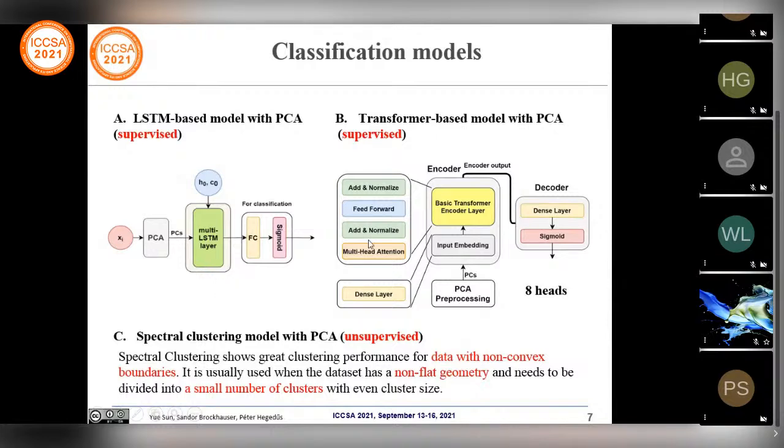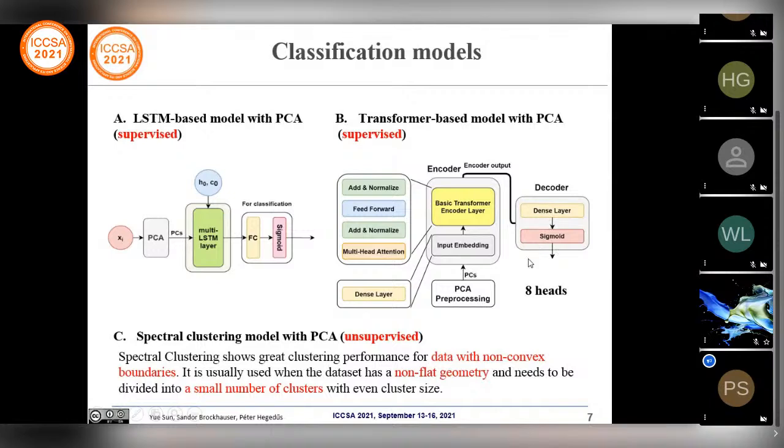And the second is a transformer-based model. It is a self-attention-based network, which was originally used in natural language processing. Here we adopt its encoder part and discard the positional embedding step.